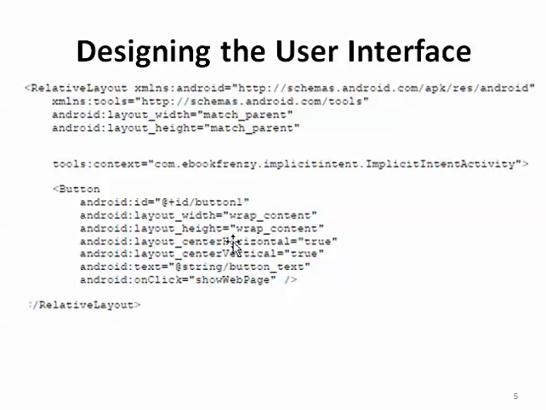And something that we haven't discussed, it says here onClick, and I'm defining the name of a method. It says showWebPage. So we're going to program this button so when they click, it opens the web page for the given URL.